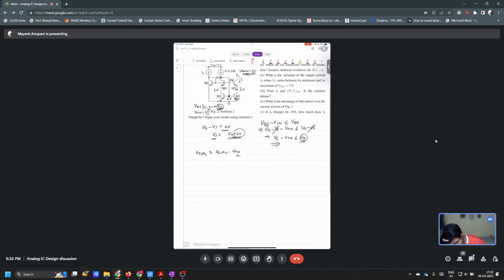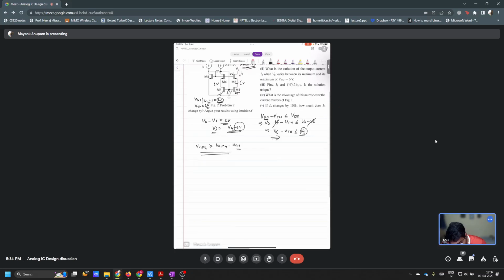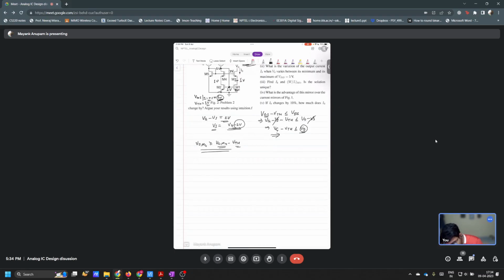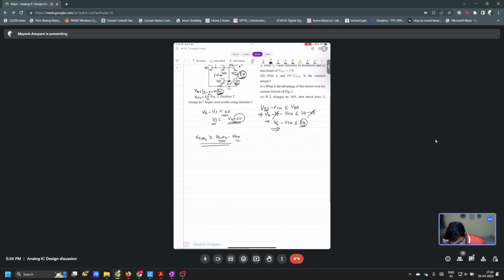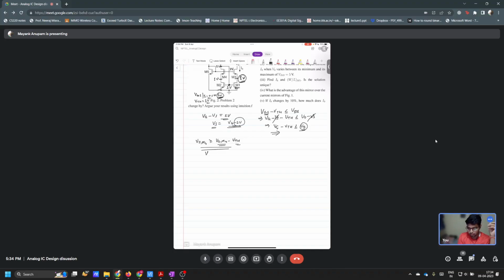So M4, to remain in saturation, you require this condition, correct? And what is VG of M4? VG of M4 was found out by putting a constraint here. This was 1 volt. So VG of M4 is dependent upon VD of M2, right? So what is the constraint on VD of M2?